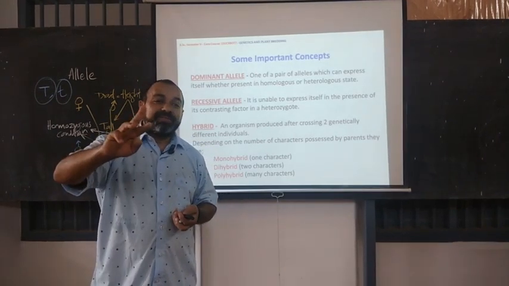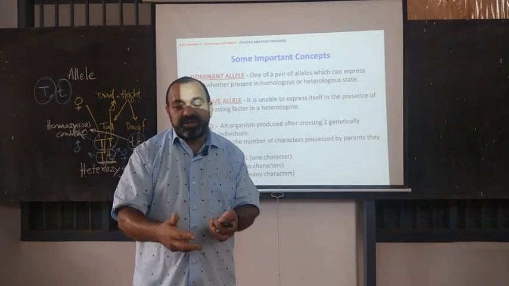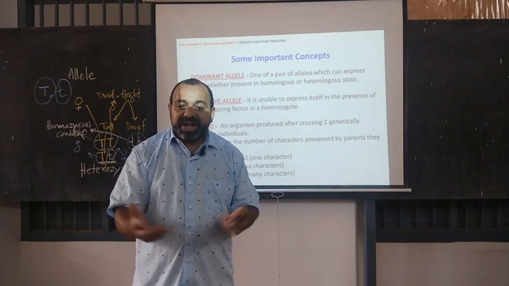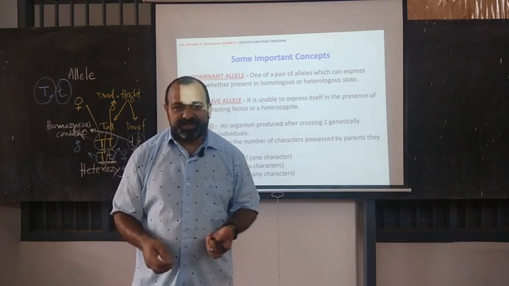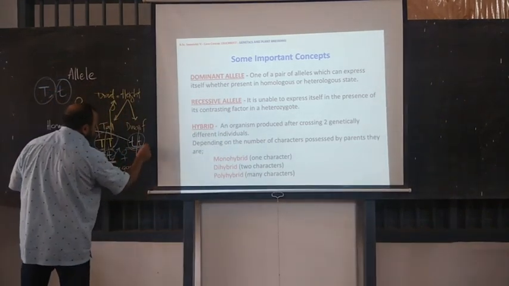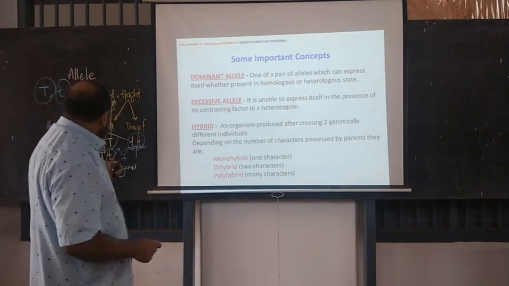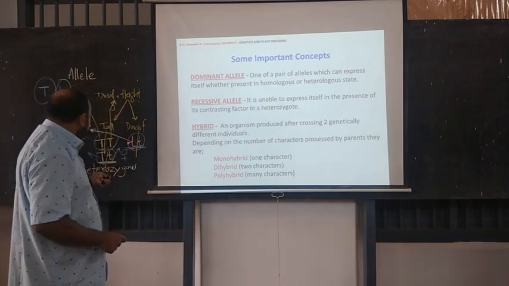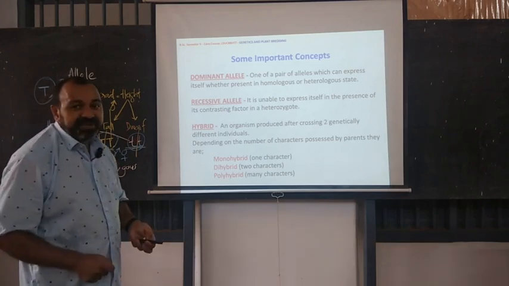If two recessive alleles come into a particular hybrid, naturally this recessive character will be expressed. That means in the homozygous recessive condition, the character of this recessive allele, that is dwarfness, will be expressed.